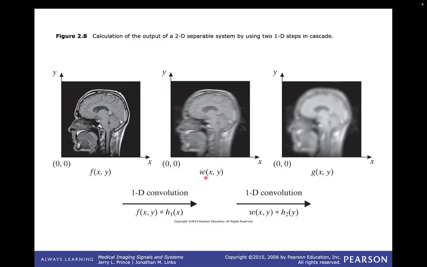When I hand this image to the convolution in Y, the vertical impulse response function, then I get a true blurring in Y, and these details get all muddled, and the whole thing is now two-dimensionally blurred. Okay.